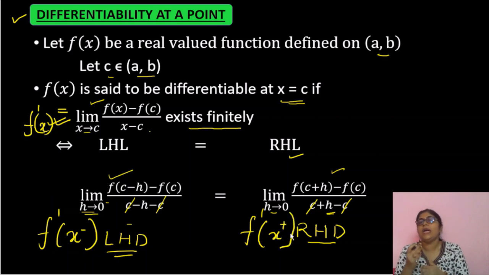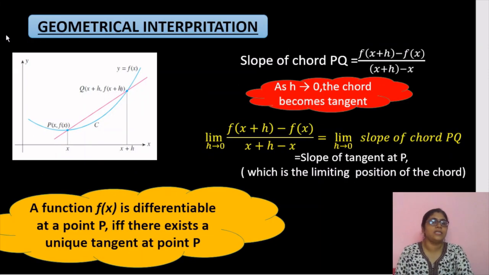So now let's represent it graphically. So this is a geometrical representation of our differentiability. Here I have taken a random curve which is given as y equal to f(x). And P is a random point on that curve.